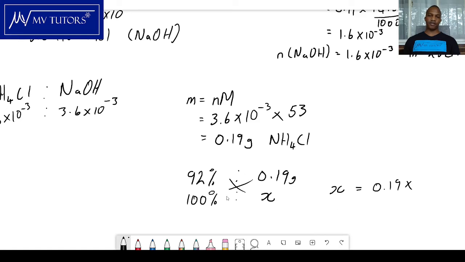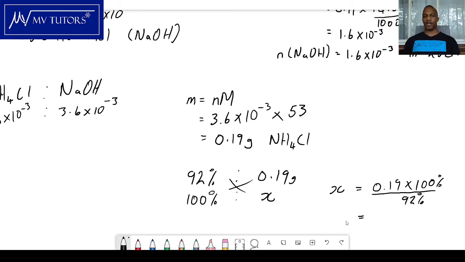If you cross multiply, 0.19 is multiplied with 100%, and then you divide by the 92, because you multiply the x by 92%.